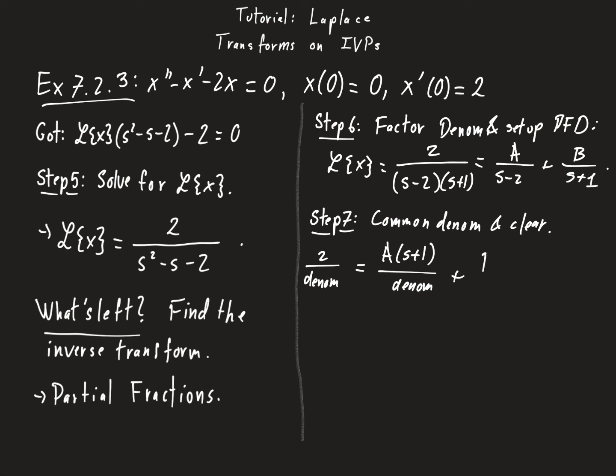And then b needs to be multiplied by s minus 2, so I will do the same here. This should always be the case when you get to this point: you should have common denominators everywhere. And because you have the same thing dividing everything, you can just clear it entirely and make your life quite a bit simpler. So this is going to give us that 2 is equal to as plus a plus b times s minus 2b.